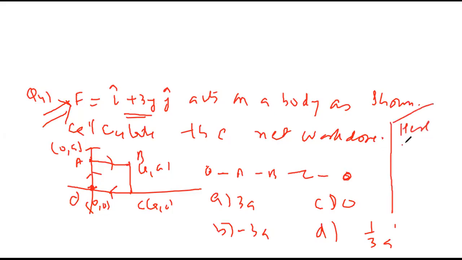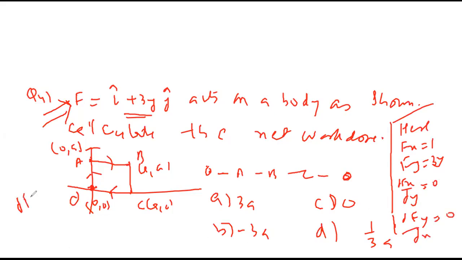हाँ. Here what is fx? 1. And fy is 3y. So the derivative of x with respect to y is how much? 0. The derivative of y with respect to x, तो ये 3y उसके लिए 0 है.